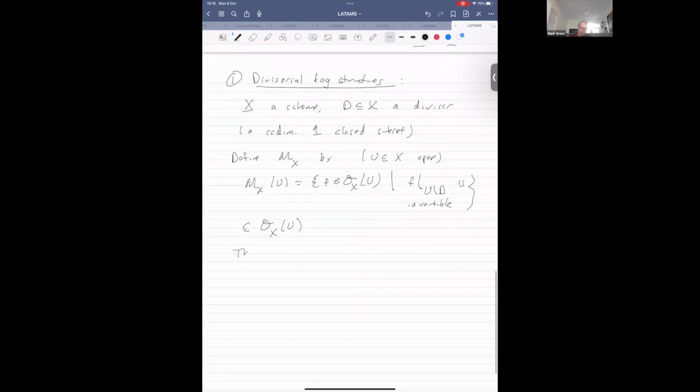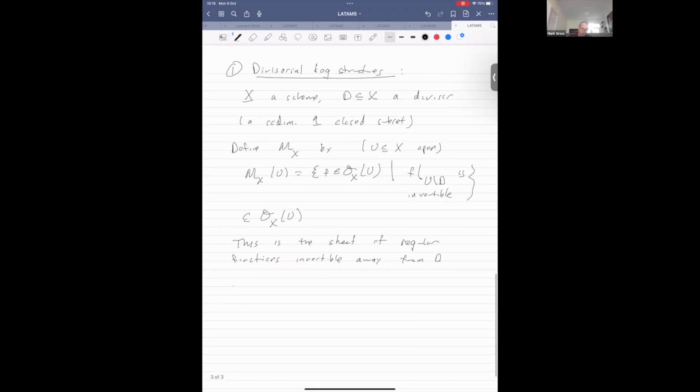So this is the sheaf of functions invertible away from D. This is the most basic case, and essentially all the log structures we're going to be interested in will be special cases of this.